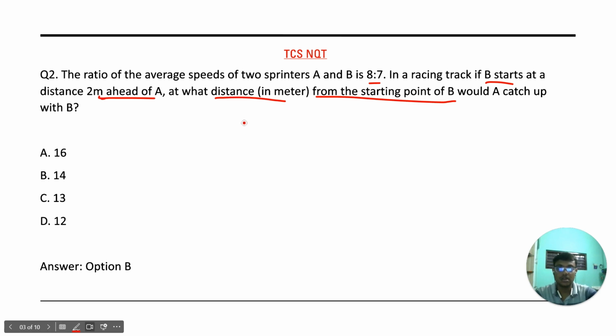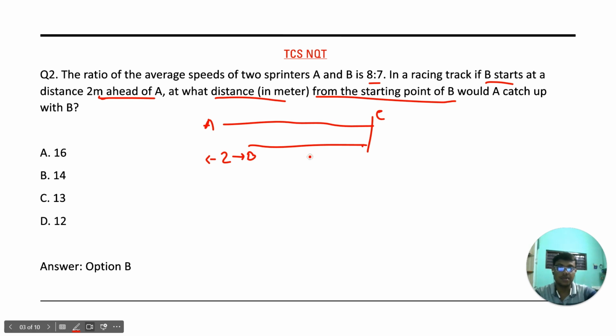Okay, so we need to find the distance from the starting point of B. Before that, let's visualize what the question says. So this is the racing track, and let's say this is the meeting point C. Now B starts somewhere here ahead of A. Thus, the distance between A and B at the starting is 2 meters.